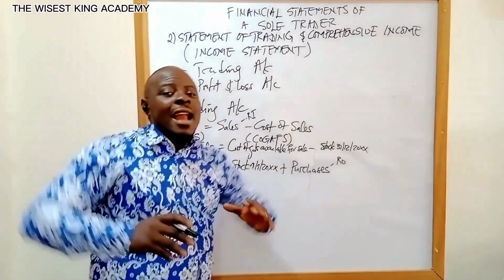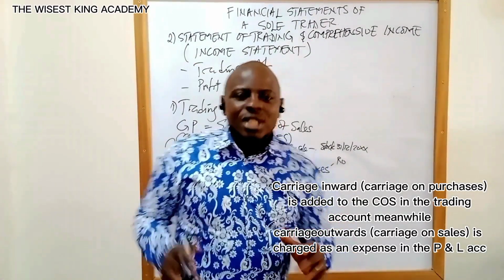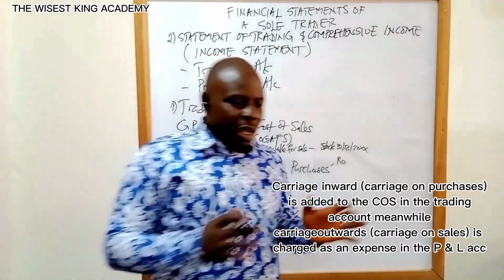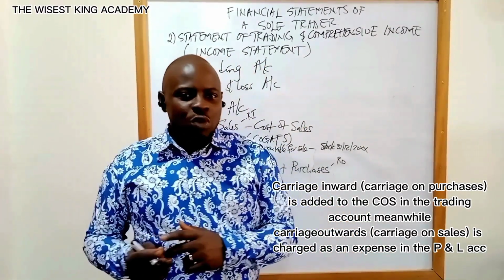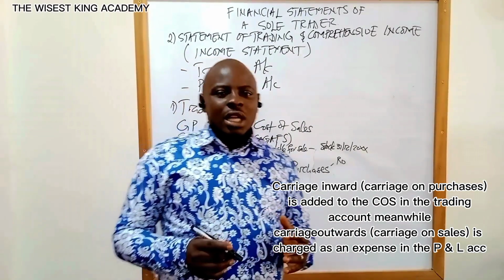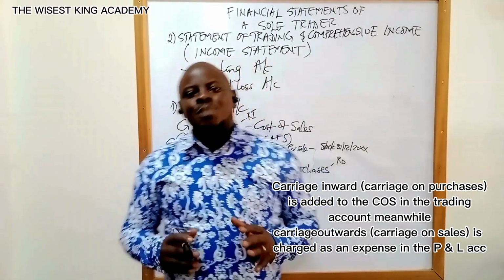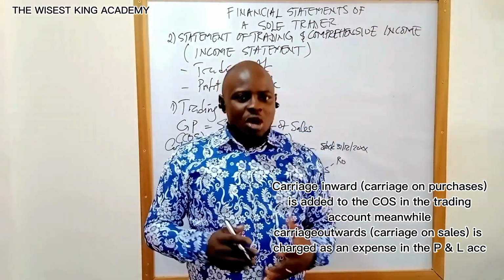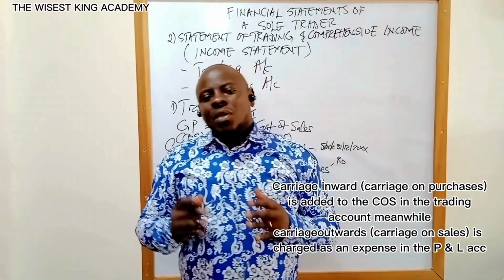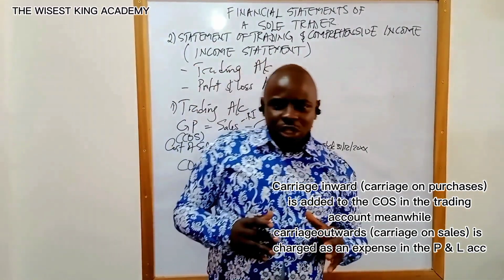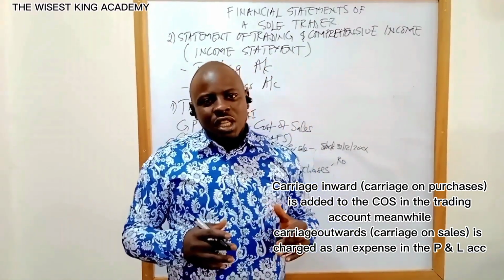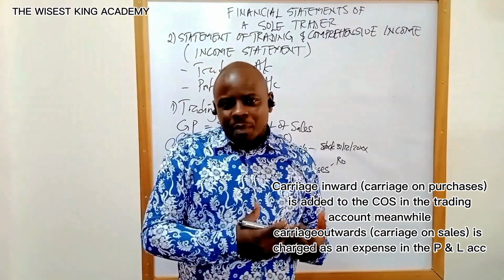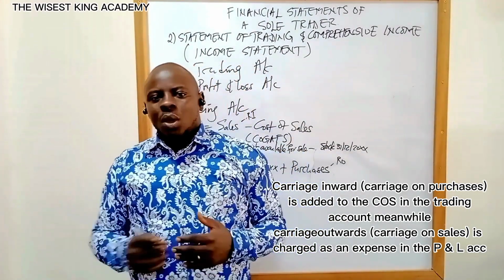Now, if there are carriage, in accounting it means transportation cost. Carriage inwards, carriage outwards. Carriage inwards are transportation costs spent transporting goods in bulk from the supplier's warehouse to the company's warehouse. Whereas carriage outwards are transportation costs spent transporting goods sold from the company's warehouse to the customer's warehouse.